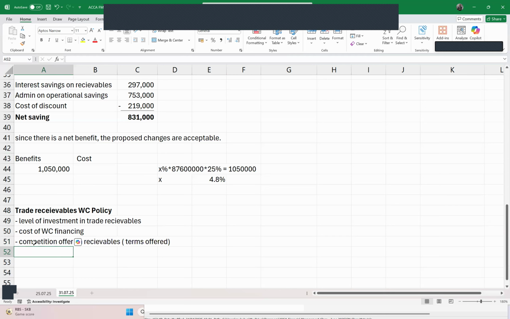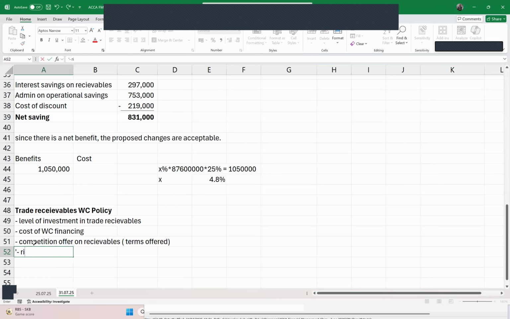So in a way, what they give restrains what you can give. You'd find yourself having to give at least the same. If they are giving 30, you can give 30 or 35, but you can't give less because they'll go to competition.